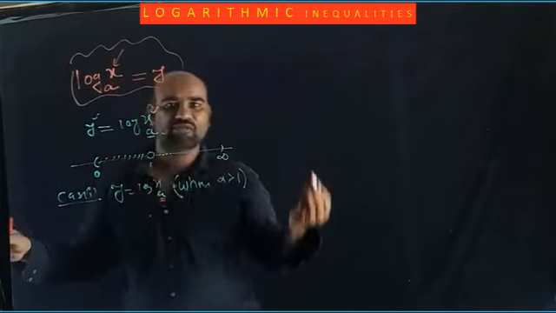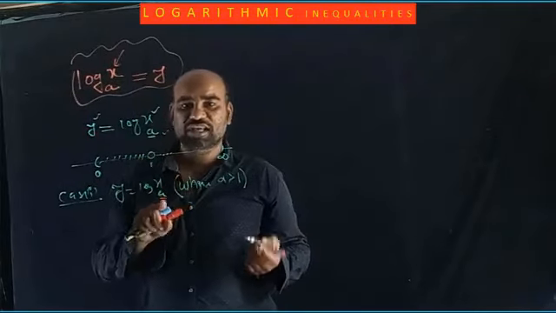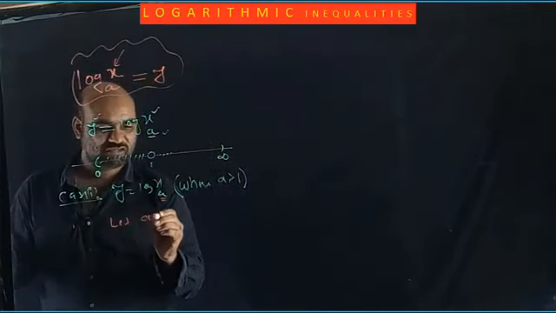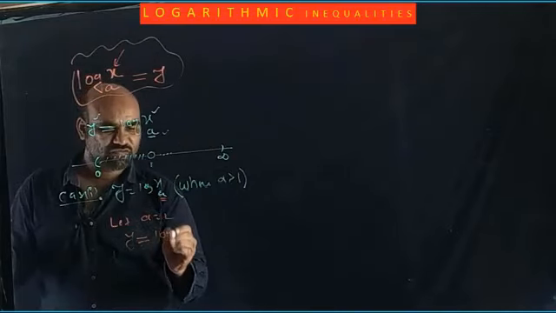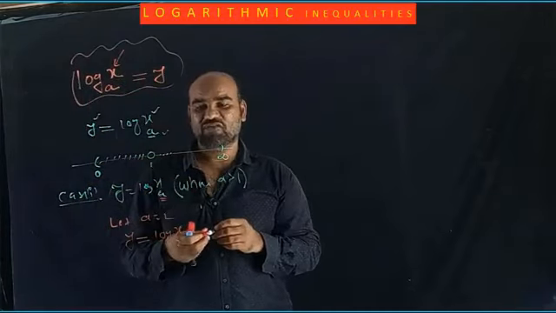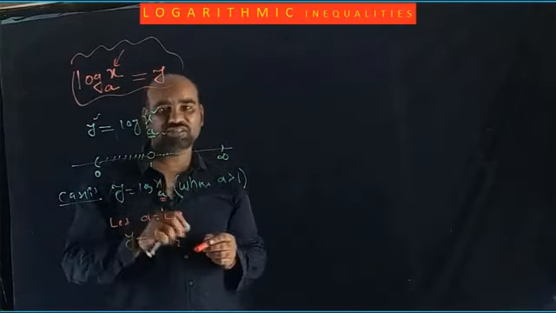Greater than 1 means infinitely many values. Again three variables, we can't draw the graph. So I want to take a fixed value. Let a equal to 2. Now I want to draw the graph of y equal to log x base 2. After that I will generalize to the graph of log x base a.